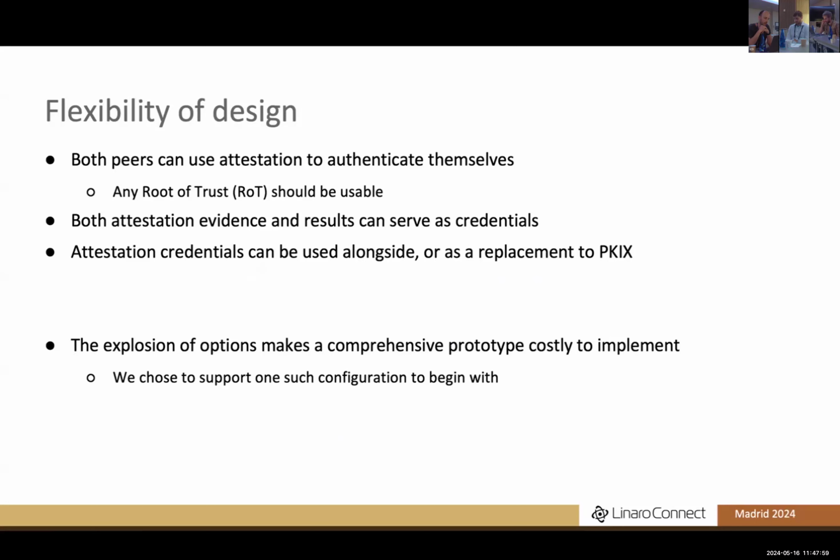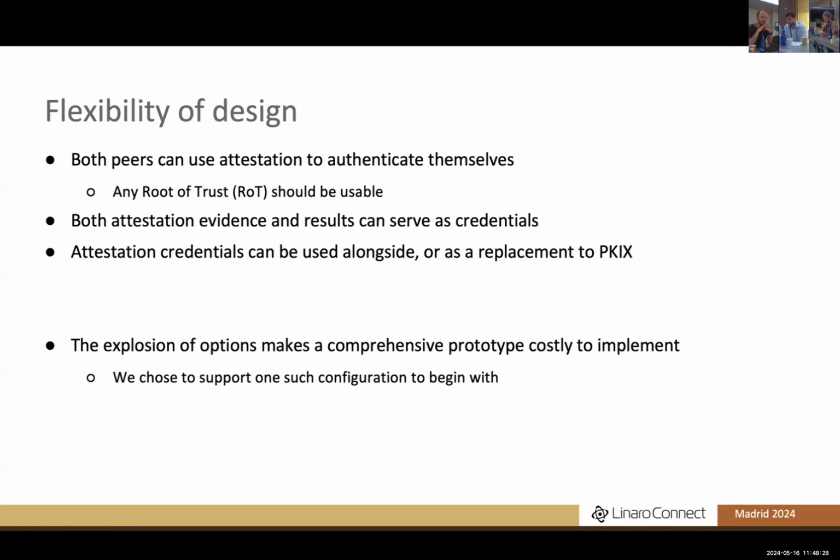So we wanted to have a quite comprehensive design. For example, we wanted both peers in TLS to be able to use attestation to authenticate themselves. That means they can use it either independently or mutually to attest each other. And they should be able to use any root of trust to attest themselves.